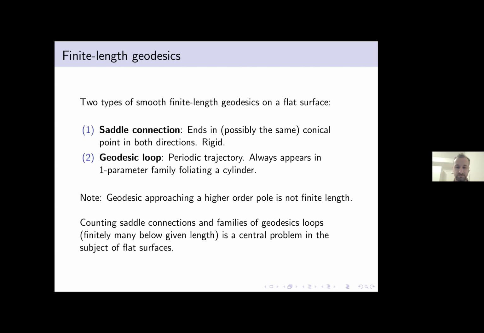So it makes sense to count them. One of the central problems in the study of flat surfaces is to determine these asymptotics, some asymptotic formula or exact formula. And actually connecting it to stability conditions will give some new insight about this problem.